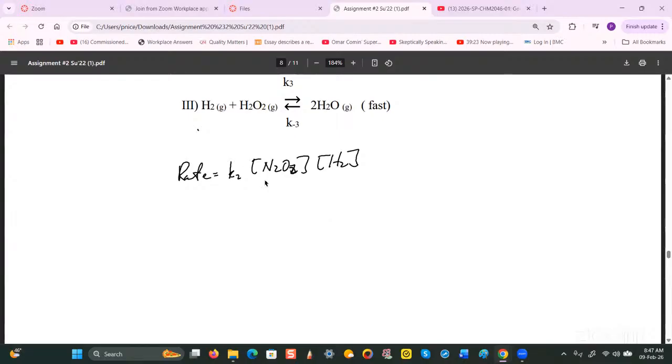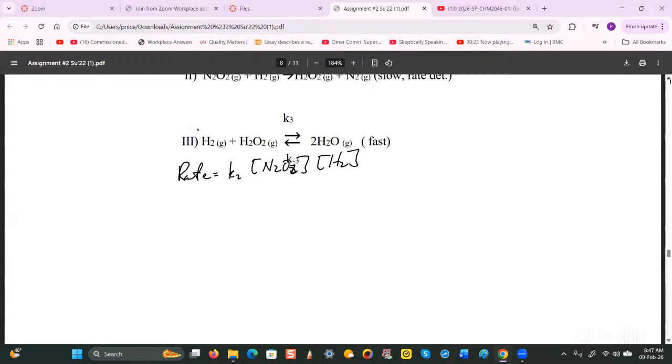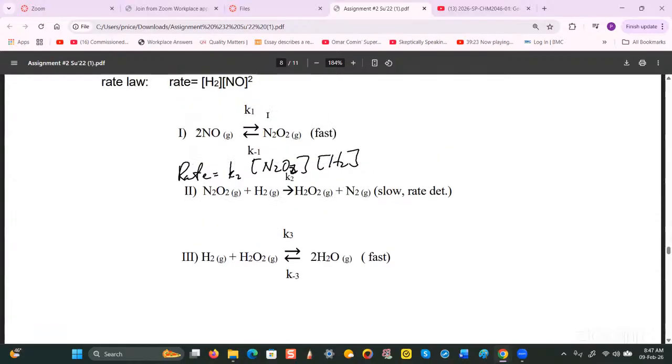So what we have to do is find the concentration of N2O2 in terms of actual things that we can measure. That leads us to the first step of the mechanism, this one right here. According to this, it goes in both directions. In other words, NO will react to form N2O2, and N2O2 will react itself to get back to NO. So we'll assume that this is an equilibrium situation.